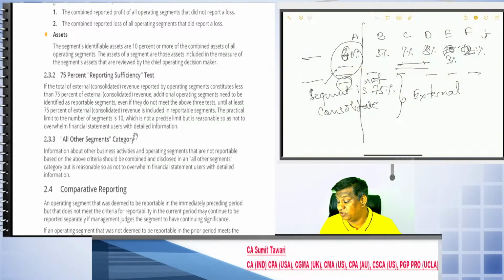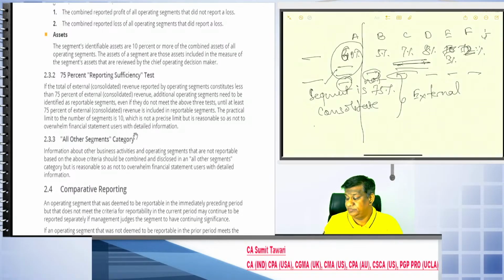The external revenue of departments A, B, C, and D, when I total it and compare with the total external revenue, will not cover the 75%. So that's why we need to disclose an additional reportable segment, so that we complete the 75% of the total external revenue. Are you clear on this?